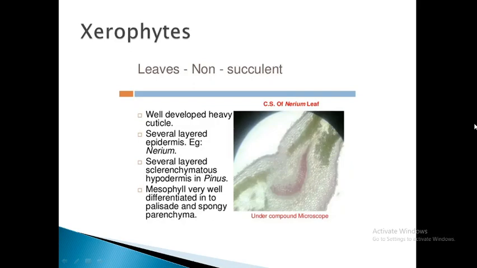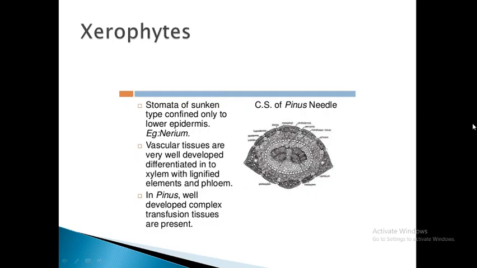Non-succulent leaves. In non-succulent leaves, there is a well-developed heavy cuticle and a several-layered epidermis, for example, Nerium, and a several-layered sclerenchymatous hypodermis in Pinus. The mesophyll is very well differentiated into palisade and spongy parenchyma. Here is the transverse section of Pinus. Stomata are of the sunken type, confined only to the lower epidermis, for example, in Nerium leaves.